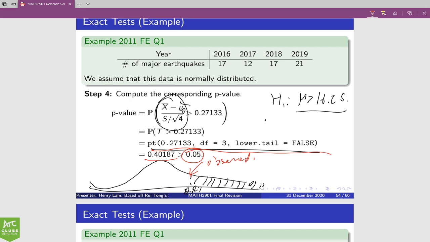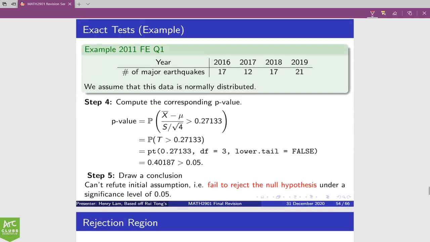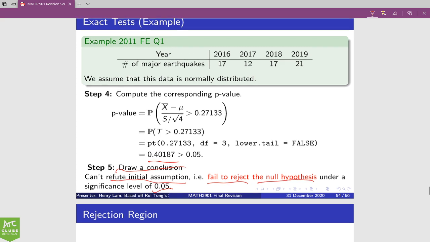That means your observation isn't too far off from your expectation, and from this we can draw a conclusion. We can't refute the initial assumption because the probability of it occurring isn't that bad. So you fail to reject the null hypothesis, and you must specify what the level was, because the level you accept at would influence whether you accept or reject.